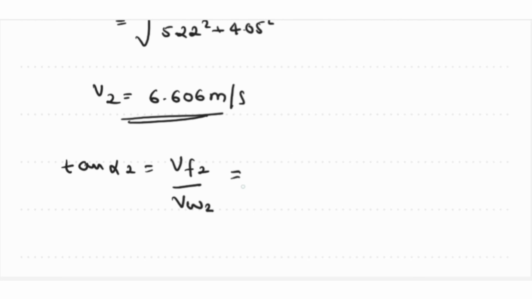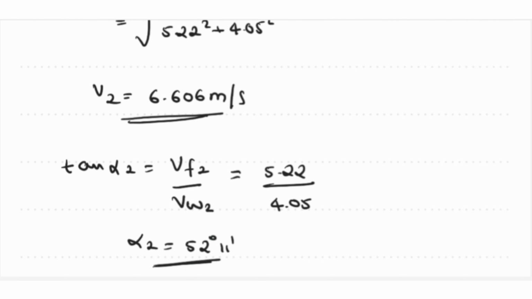So alpha 2 is equal to tan inverse of 5.22 divided by 4.05. So we will get alpha 2 is equal to 52 degree 11 minutes.